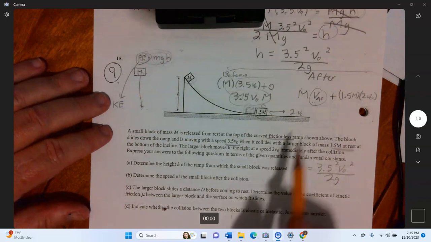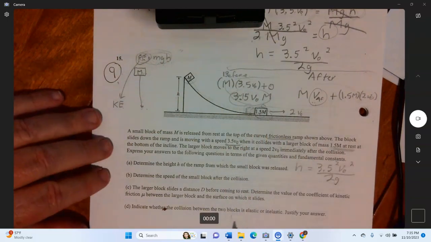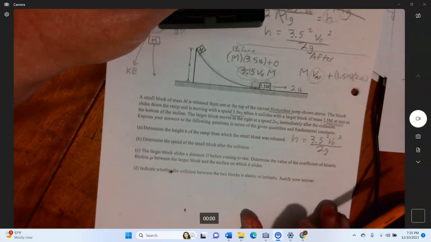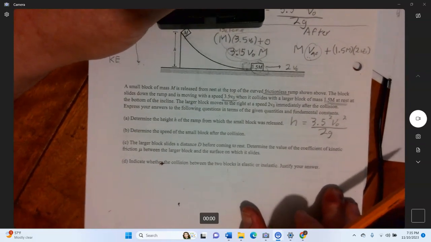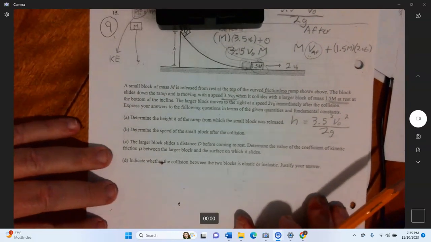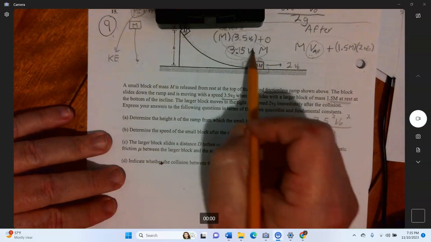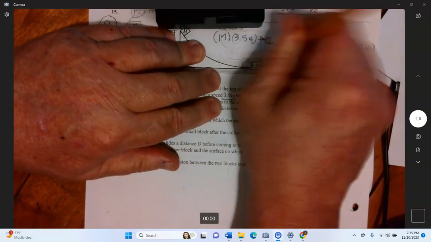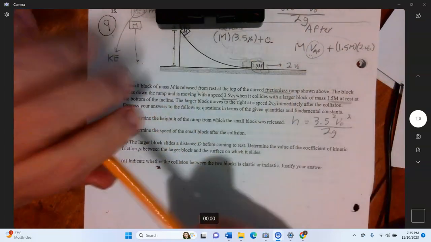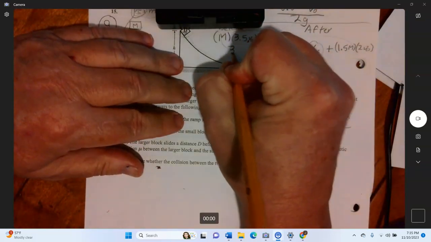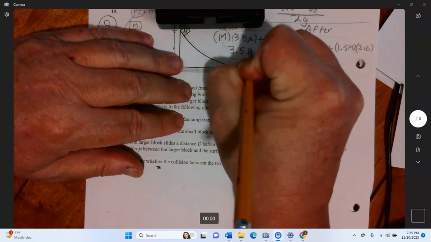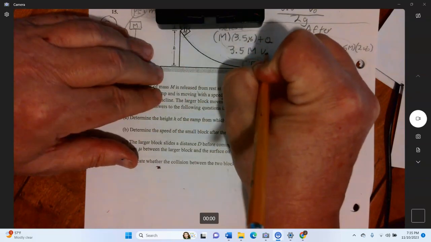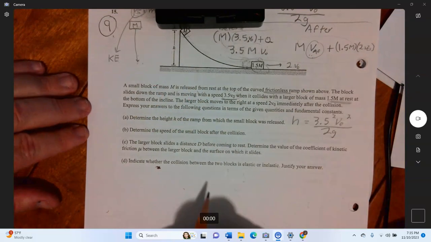Okay. Now I'm going to bring all of this down here because I'm running out of space. And in fact, I'm going to use a second piece of paper coming up here pretty soon because there's just not enough space for all this. So here we go. It's 3.5 M VO. So that's what the total momentum has to equal.